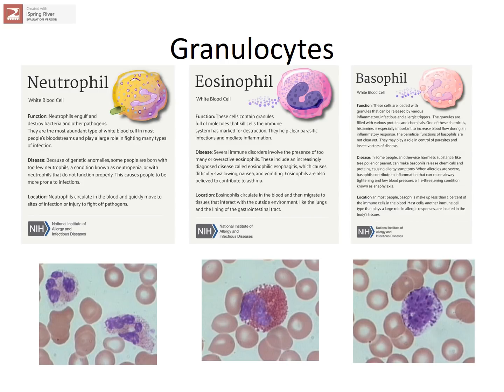In the eosinophil, the granules function in allergy and the release of histamines and things like that. We see increases in eosinophils when people have parasitic infections and also in allergies. And you can see in the description from the National Institute of Allergy and Infectious Disease, eosinophils contain granules that kill cells the immune system has marked for destruction.